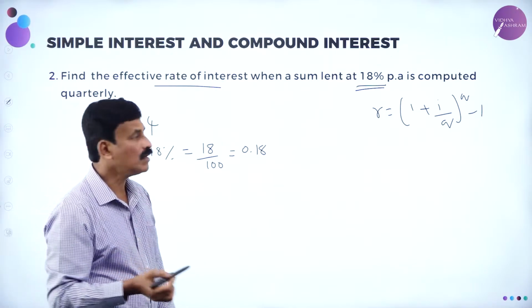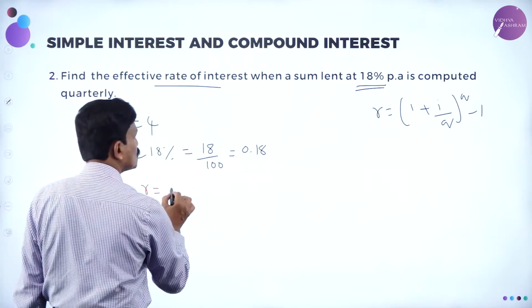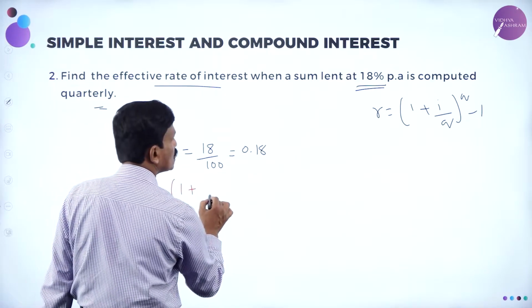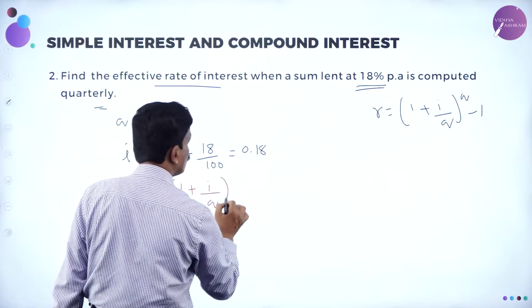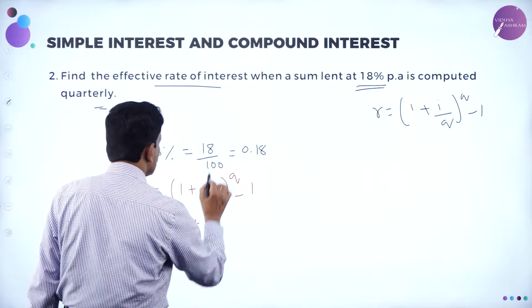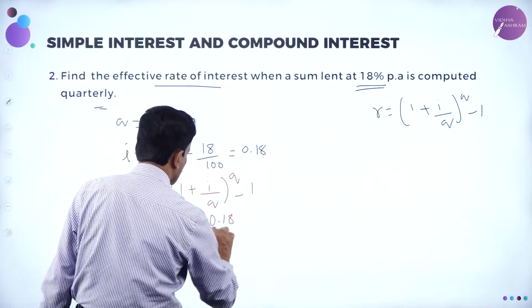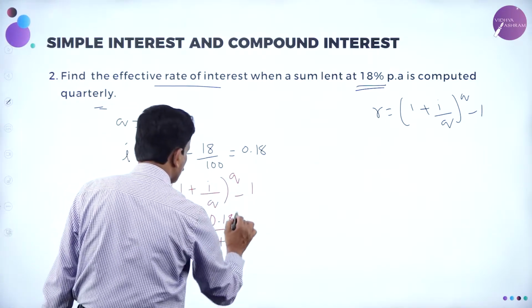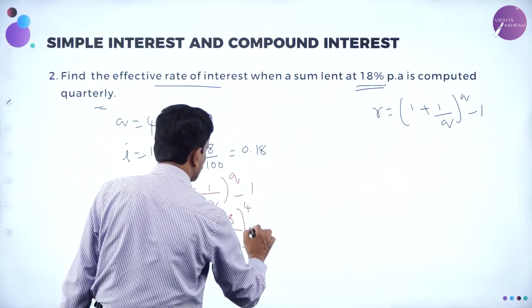Now, what is the formula? R is equal to (1 plus I divided by Q) whole to the power of Q, minus 1. Here I is 0.18 and Q is 4.